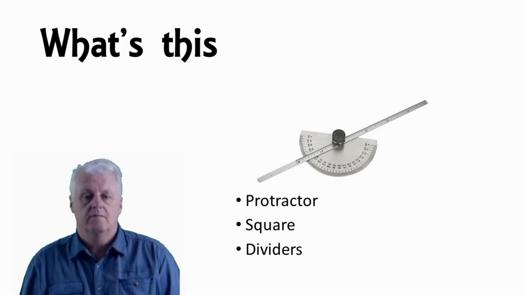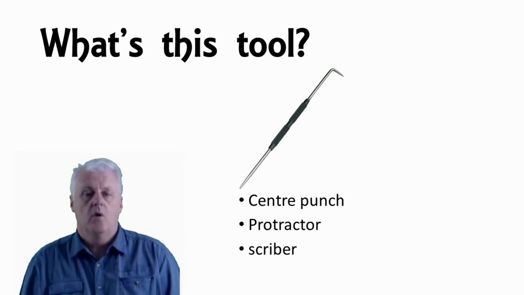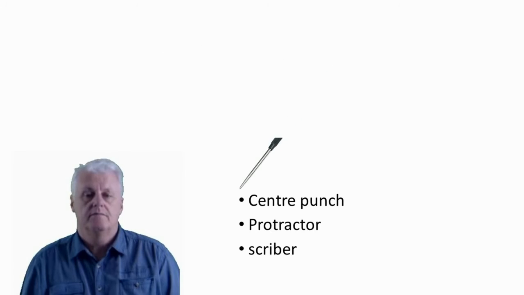What's this? Protractor, square, dividers. The answer is protractor. What's this tool? Centre punch, protractor, scriber. The answer is scriber.